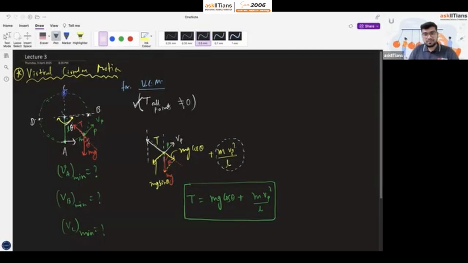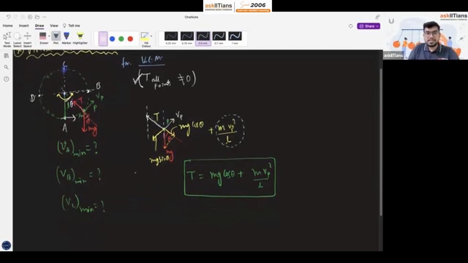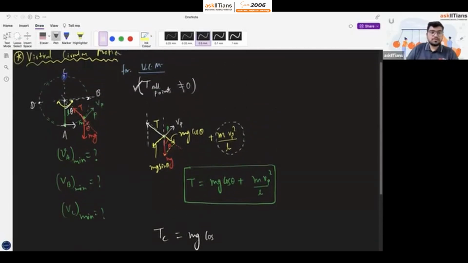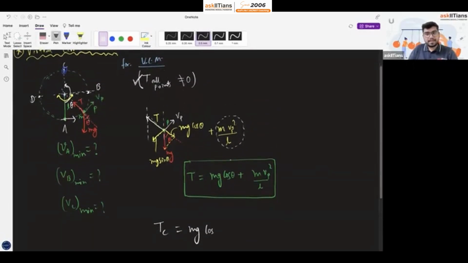Okay. So if I have to show what would be the tension at point C, I can find it. So tension at point C, how will you find it? It is going to be mg cos of, okay, by the way, for point C, what would be theta? It would be 180.